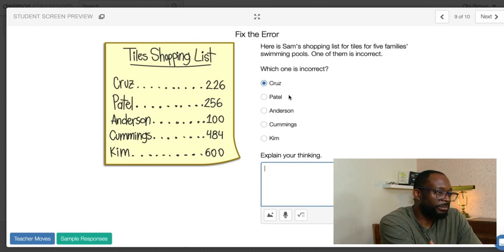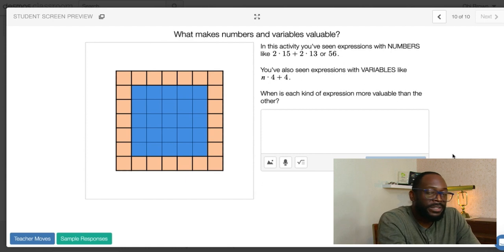The reason is that n times 4 plus 4 should give 226. So if you remove 4 from 226 and divide it by 4, it should give you an integer. But in this case, it gives you a fraction, meaning there was a problem. It gives an integer for every one of the others. And there you have it.